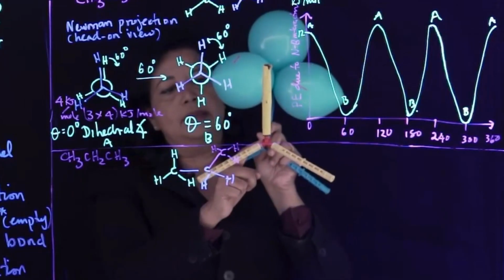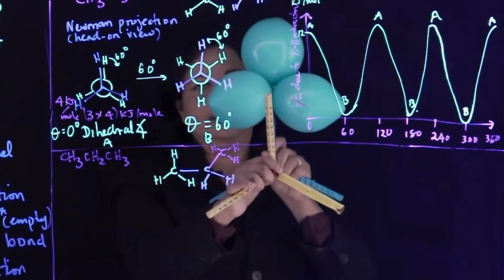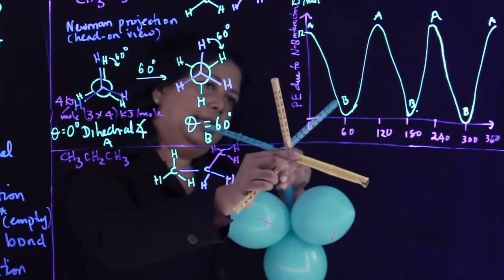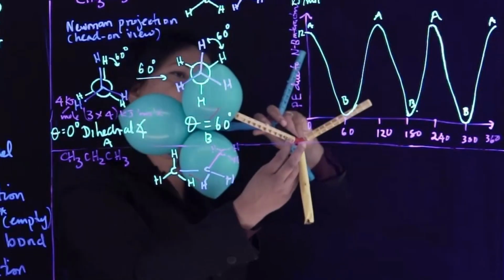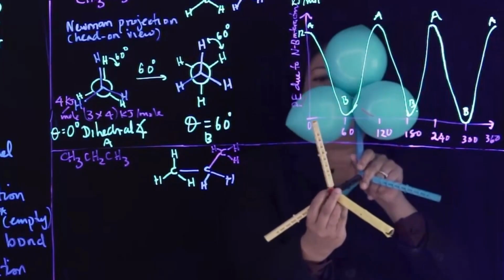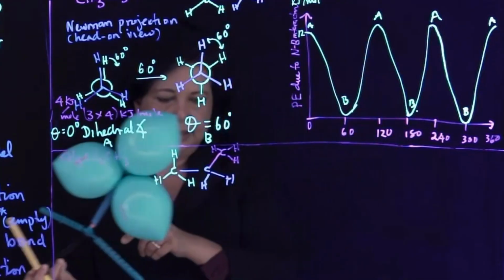So this is probably the best Newman to do that. You can look at this and say, okay, this is 0, this is 60, this is again 120 and 180, 240, 300, 360. You see? So it's easy to now figure out what the angles are.